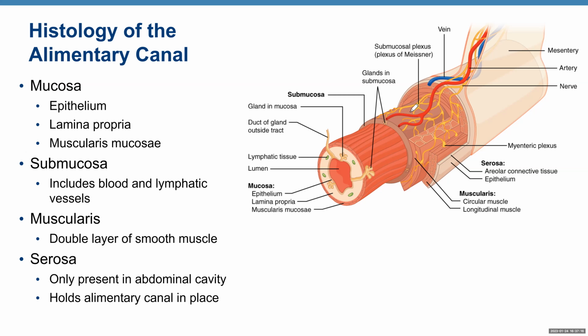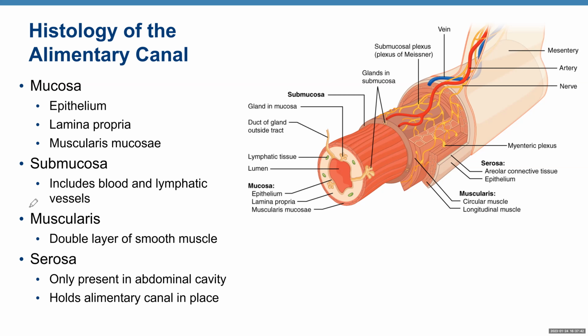Over here we have a pretty thick layer of submucosa that includes blood and lymphatic vessels. Oh, I'm sorry, it's not that, it's just this one over here, that's the submucosa. And then we have muscularis. The muscularis is the thickest layer.